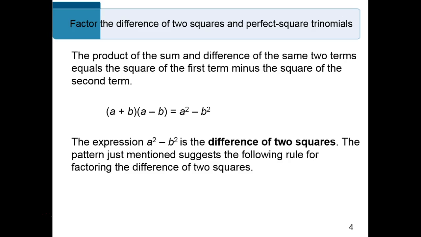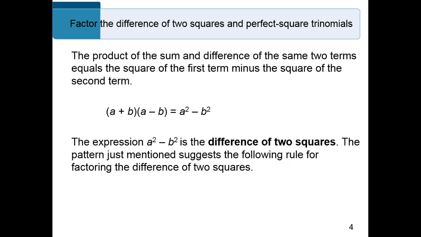If you ever see a difference of two perfect squares, what can you do? Undo this. Immediately factor them as A plus B times A minus B. Because this is always true: A plus B times A minus B is always A squared minus B squared.